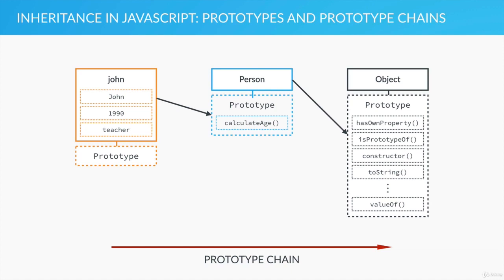If the method is still not there, this continues until there is no more prototype to look at, which is null. Null is the only one that has no prototype, and is therefore the final link in the prototype chain. And in this case, undefined is returned. This is the reason why, for example, the John object could call the hasOwn property method that is stored in the object prototype property.